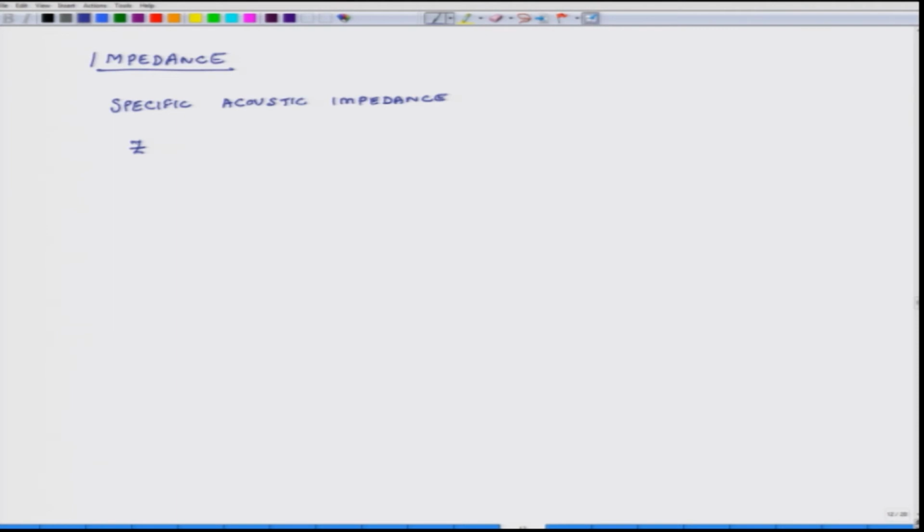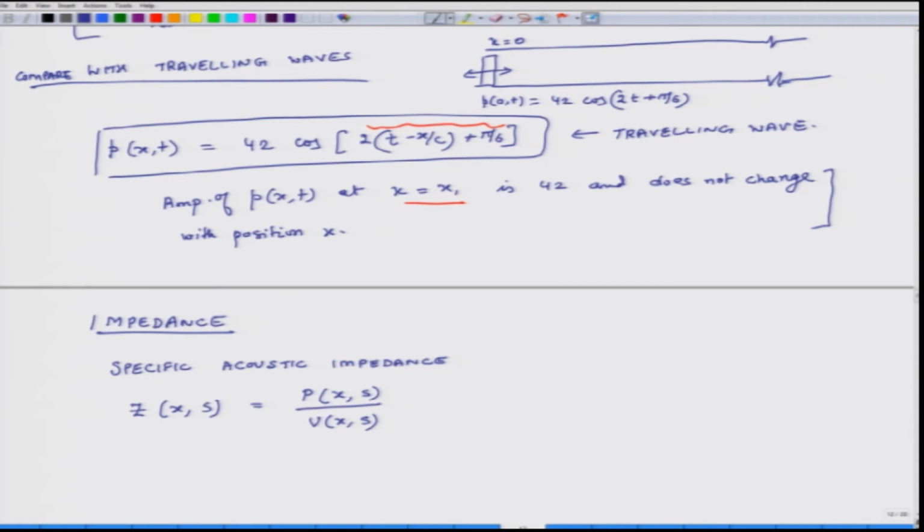And I define it as Z, and please note it changes with position and it changes with frequency. And how do I define it? I call it the ratio of the complex amplitude of the pressure wave and the complex amplitude of the velocity wave. Okay. So, please note this is the ratio of complex amplitudes, it is not the real part.